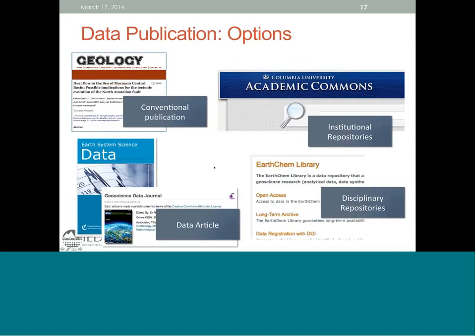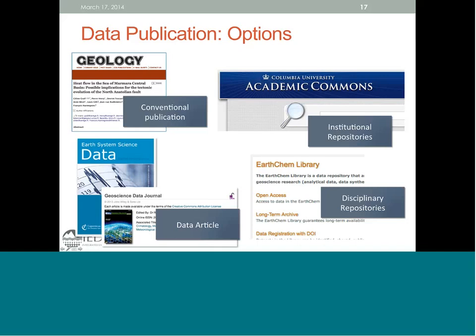So what can you do for data publication? I mean, the options are to either put it into institutional repositories. For example, we here at Columbia University have something called the Academic Commons repository, where you can deposit both articles and data sets. We have the conventional publication where you include data tables as electronic supplements and so on.